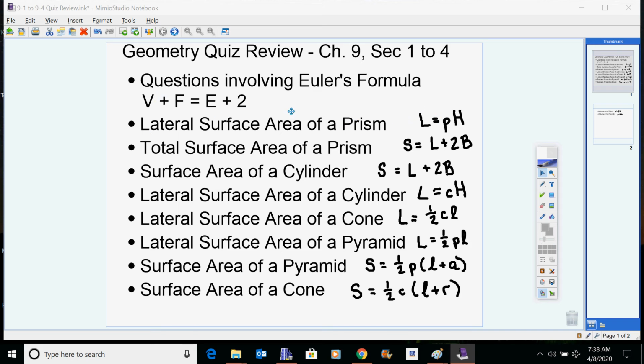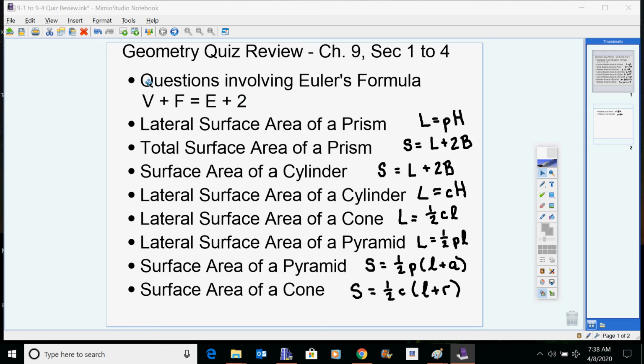So just to review, we had that whole thing where we were talking about Euler's formula, where you had the number of vertices plus the number of faces equals the number of edges plus 2. So if you have a picture, you should be able to count vertices, faces, and edges in order to verify the formula.